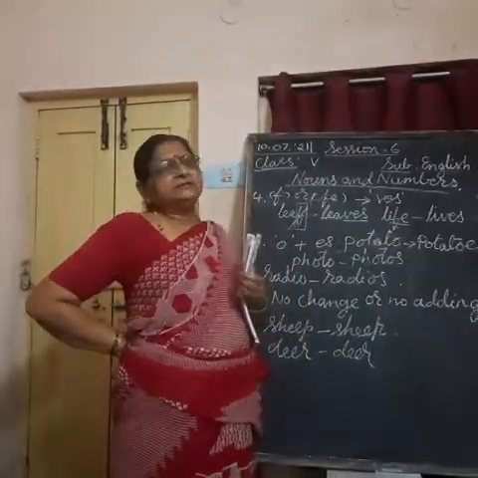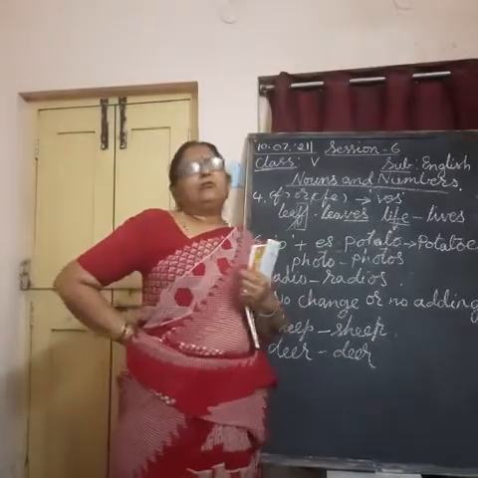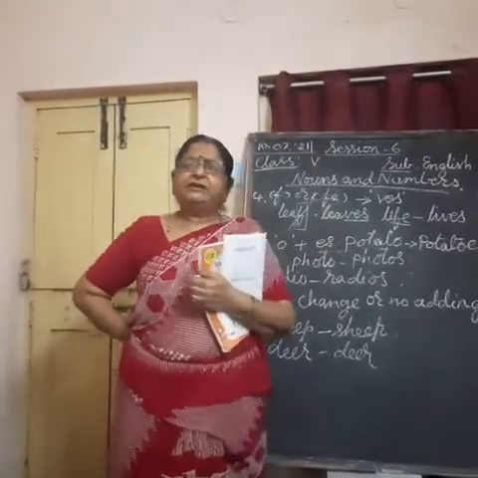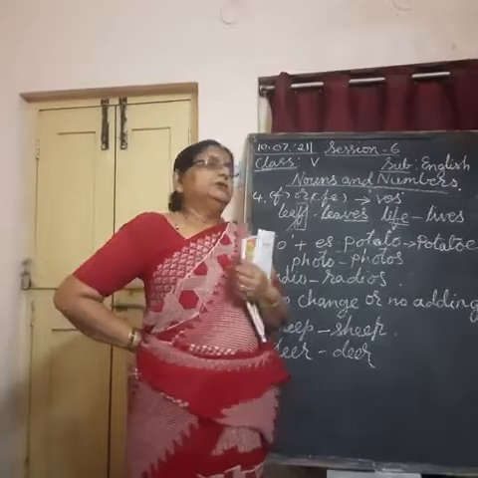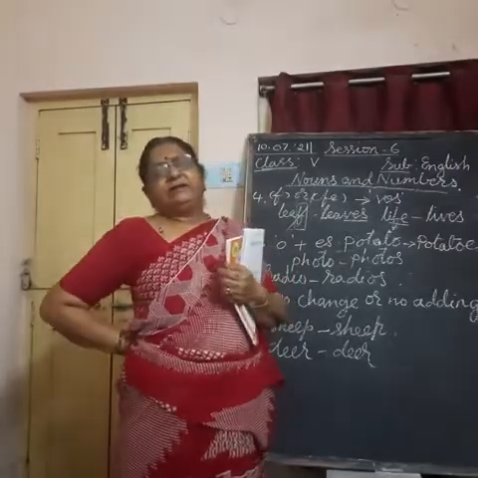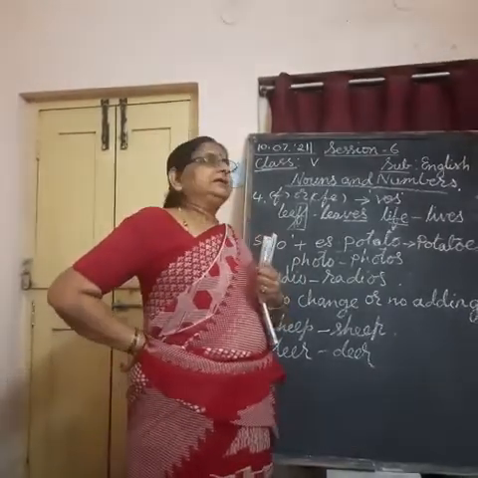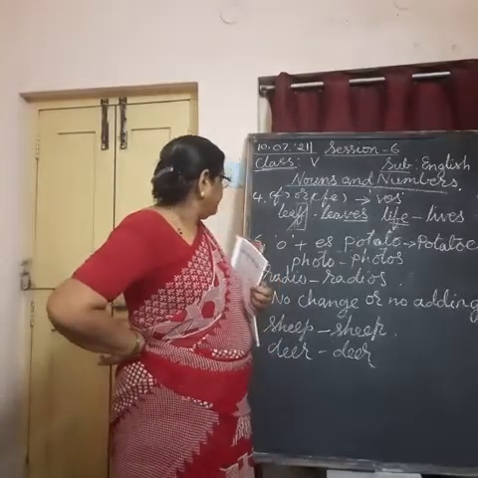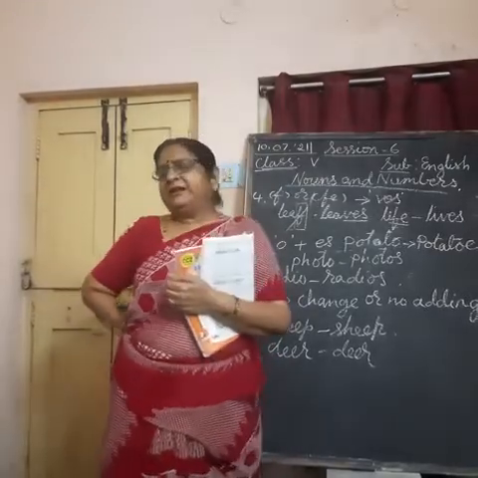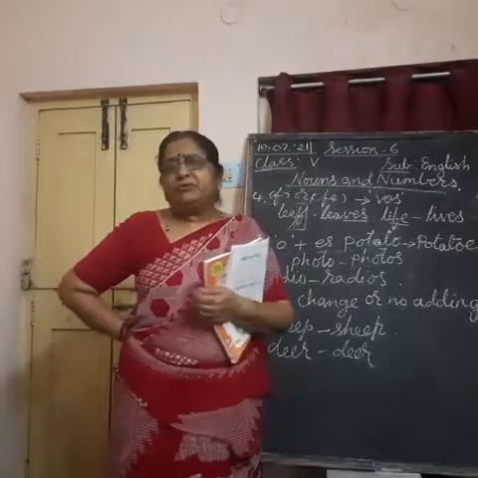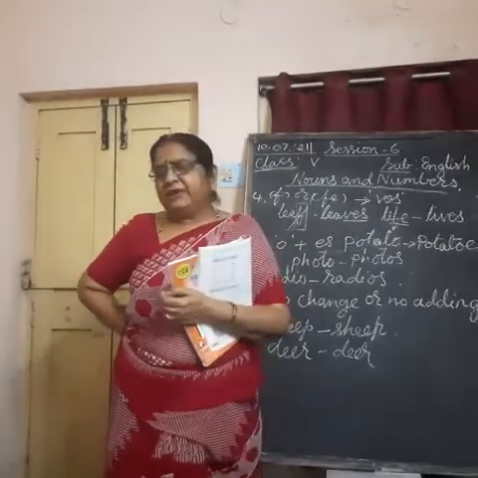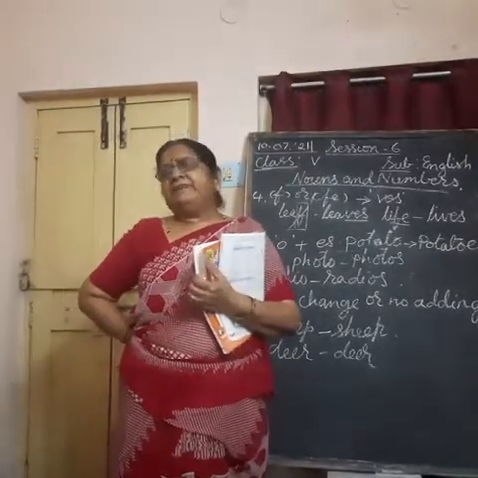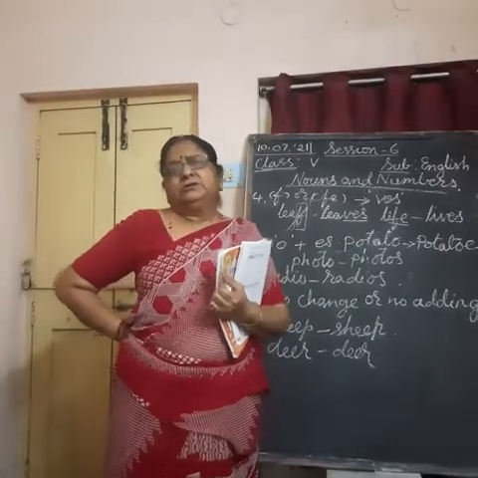In some cases, where there is a vowel letter before Y, we are just adding S. Then coming to F or FE, word ending with F or FE, what we did, we cancelled F or FE and added VES to it. Got it what I said?